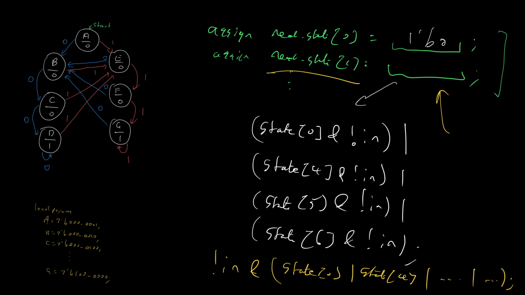And if that takes a long time, our finite state machine can't run very quickly. If our next state logic can be computed very quickly, then our finite state machine can run quickly. So when you need to have a fast, efficient finite state machine, sometimes one-hot encoding is what you want to do.